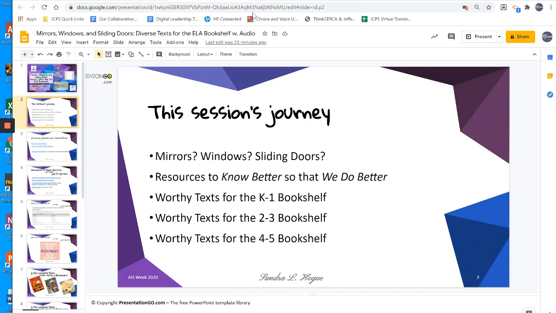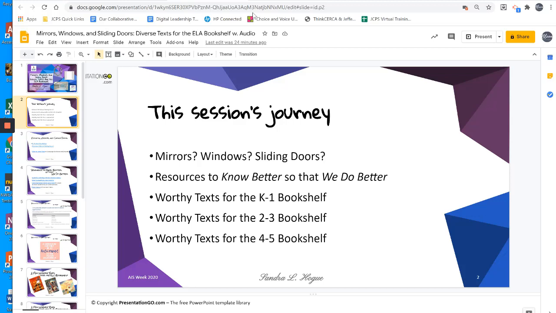Here's a look at our session's journey. First, we're going to take time to gain understanding about why I chose this idea of mirrors, windows, and sliding doors. Next, we'll look at resources to know better so that we do better. We all know that we're in a space and time in this city and in this nation where lots of traditional practices are being called into question.